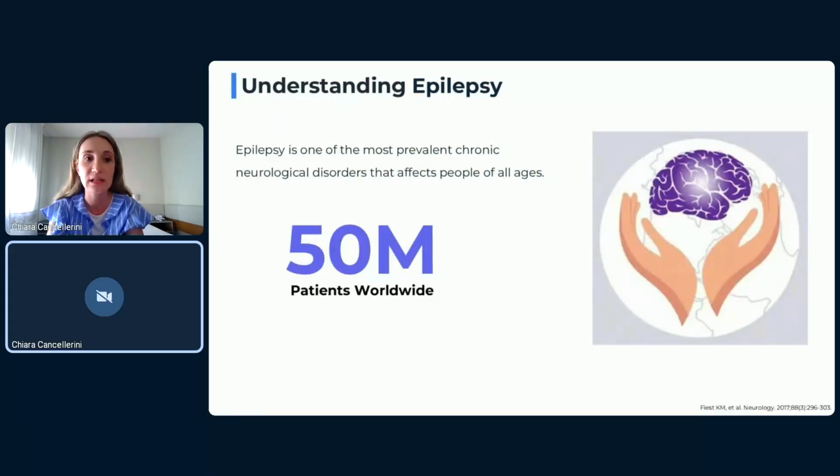Patients frequently also experience psychiatric comorbidities such as anxiety or depression, but also social stigma and discrimination that can restrict their access to education and employment. Unfortunately, epilepsy presents a profound global socioeconomic disparity, because nearly 80% of individuals live in low and middle income countries.